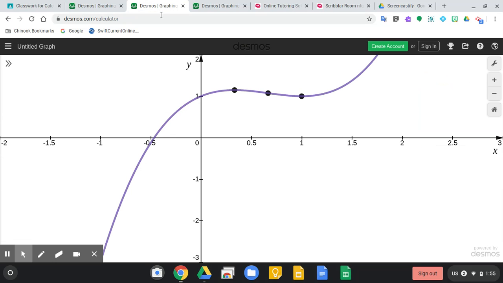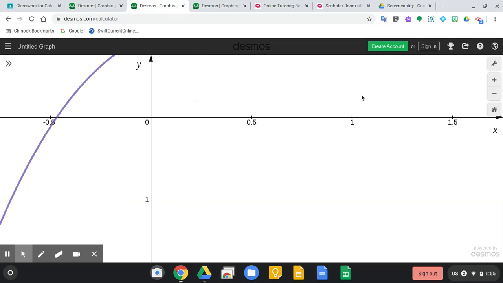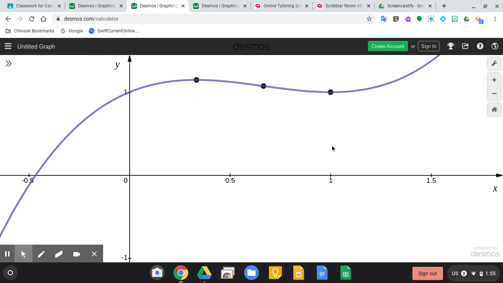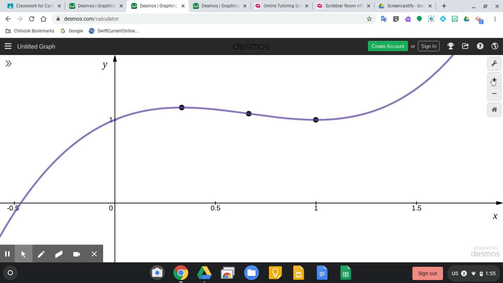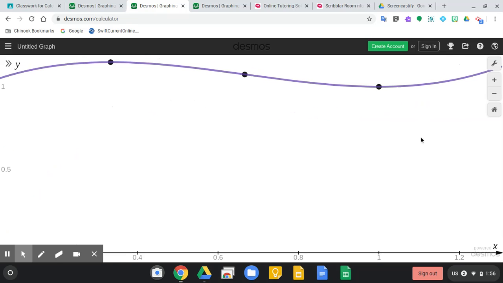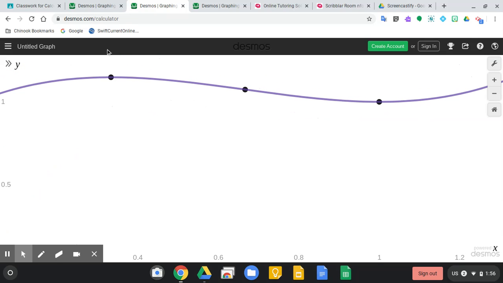Let's go back to Desmos. So I'm going to zoom in on this. Here's my maximum. Here's my minimum. My inflection point is in the middle. So if I zoom in on this and then bring this graph down a little bit and zoom in again and bring this graph down, we can see here we have the concave down section.